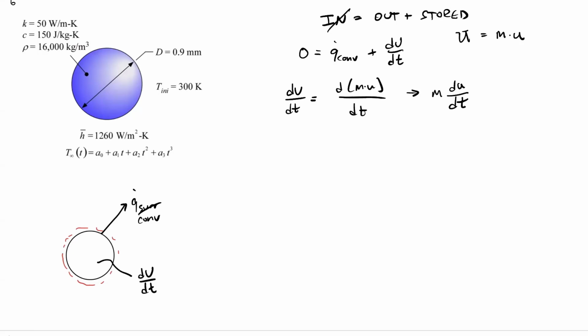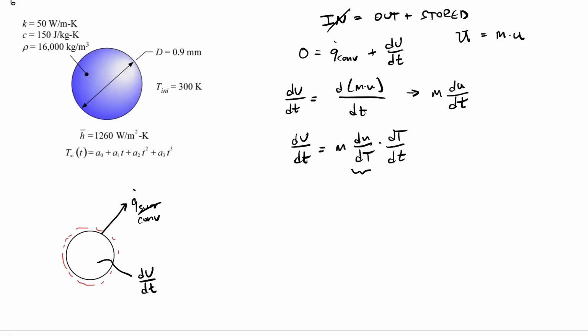Well, it turns out if this is an incompressible object, we can actually write this as follows. dU/dt is equal to m times du/dT times dT/dt. That's an equivalent way of writing it if the body is incompressible.